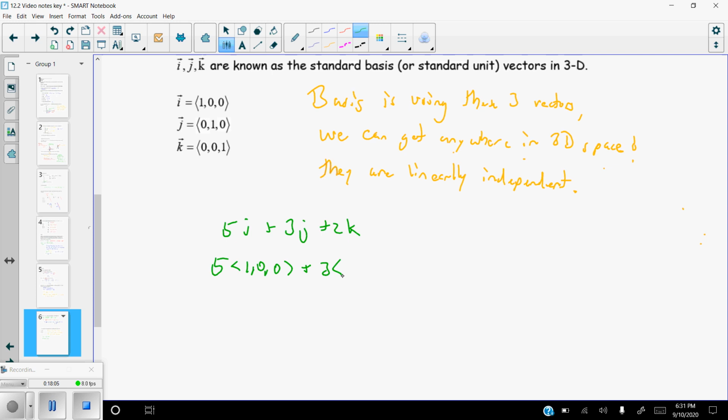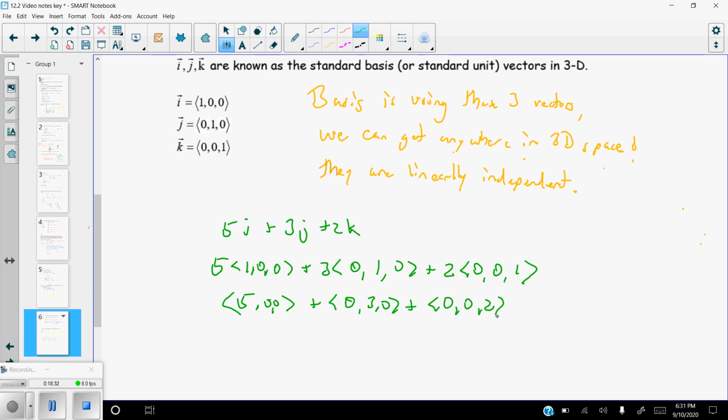J is the unit vector 0, 1, 0. And then K is the unit vector in the z direction. So if I multiply these out, I would get 5, 0, 0 plus 0, 3, 0 plus 0, 0, 2. And then I can add those 3 vectors together just by adding the components, and I would get the vector 5, 3, 2. And that vector would get me to the point 5, 3, 2 in 3-dimensional space.